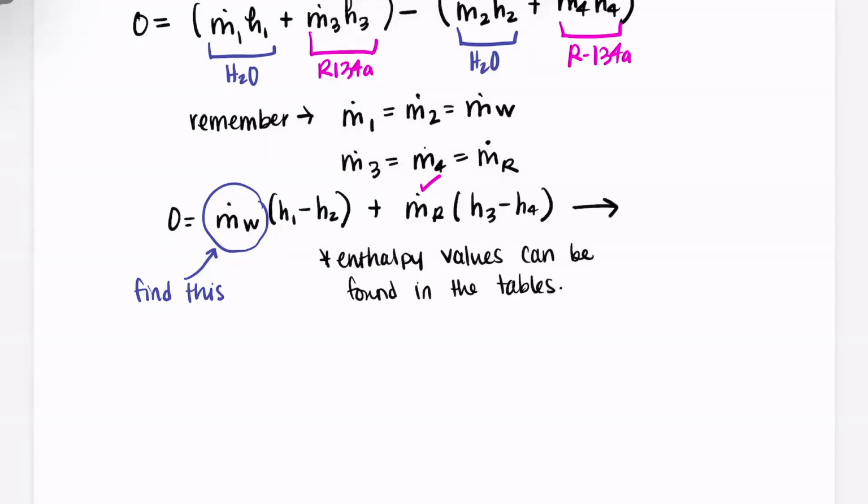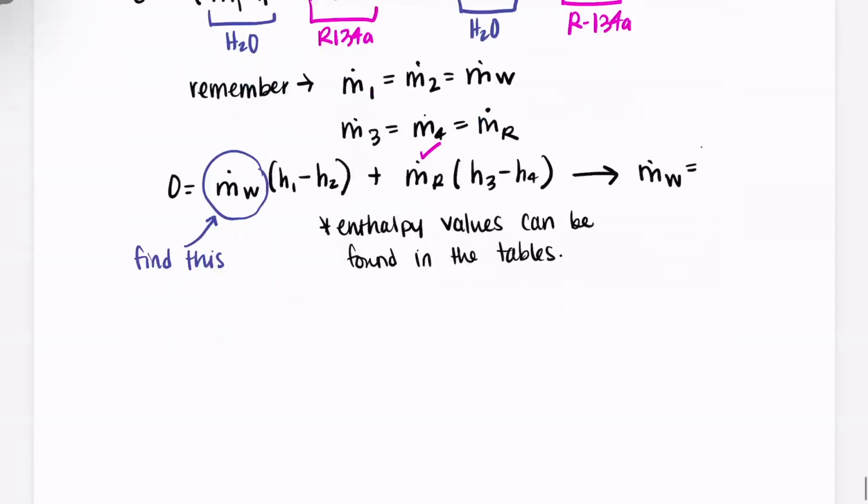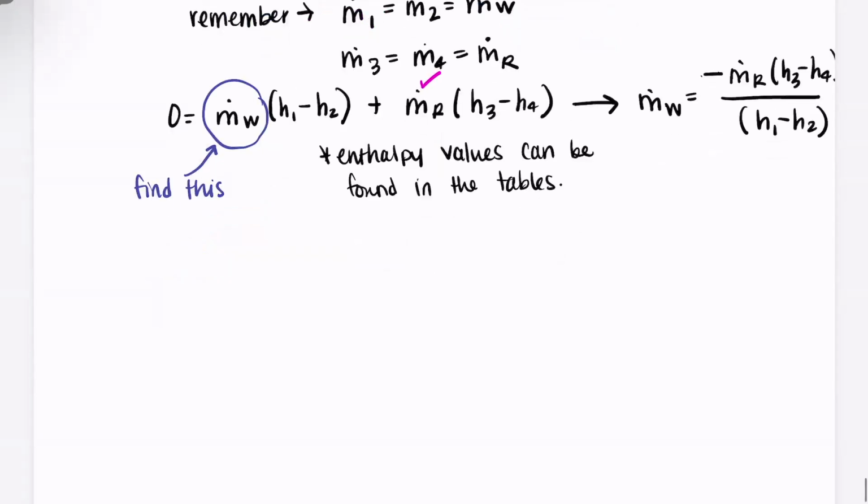So I'm going to solve this equation for m dot w, which equals minus m dot r times H3 minus H4 divided by H1 minus H2. And then we're going to use our tables for each of these enthalpy values.